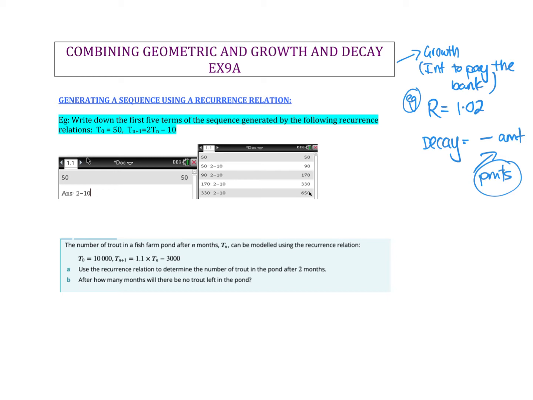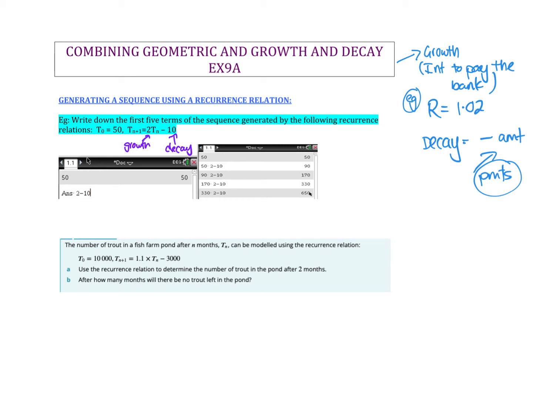So you can see on this little application where it says, write down the first 5 terms generated by the following recurrence relation. So there's 50. You can see this 2 is the growth, so you've got to double it, and then this 10 is the decay. You can just type it into your calculator like we normally do.